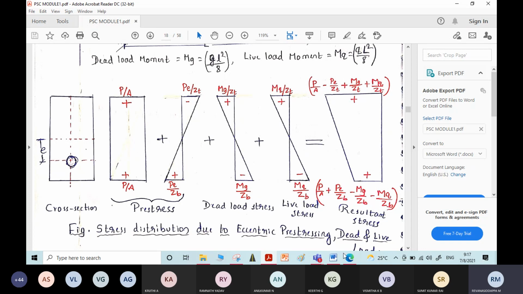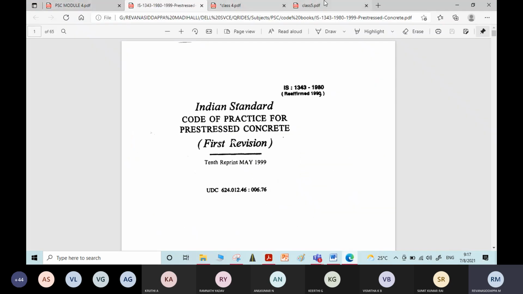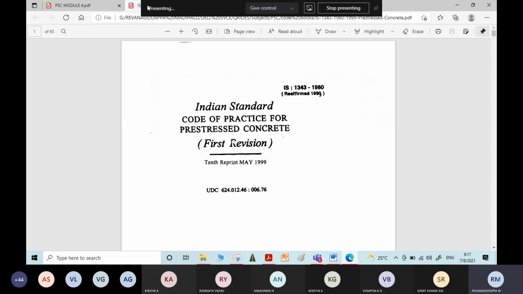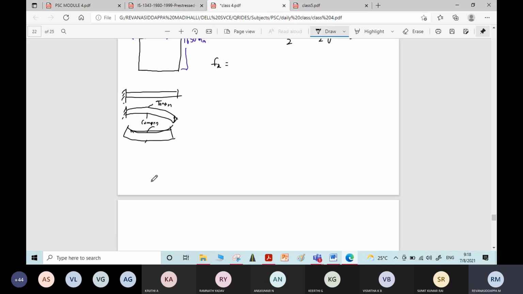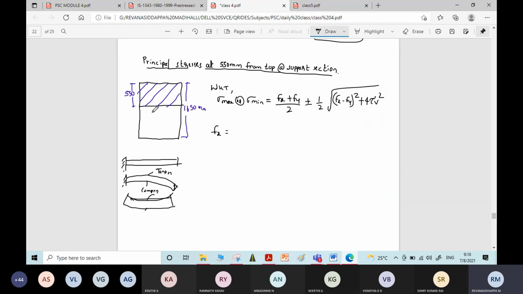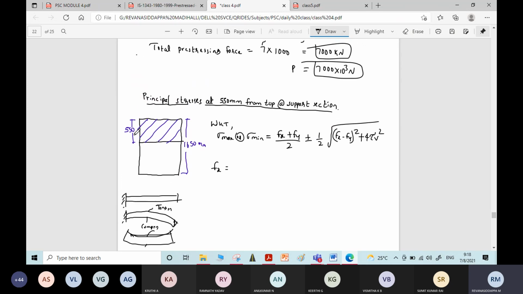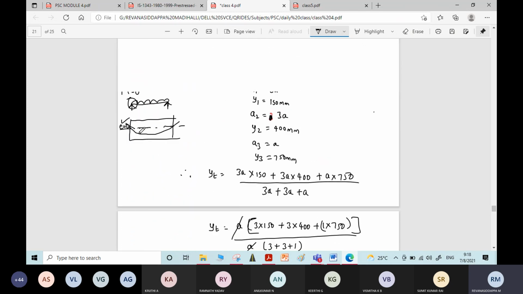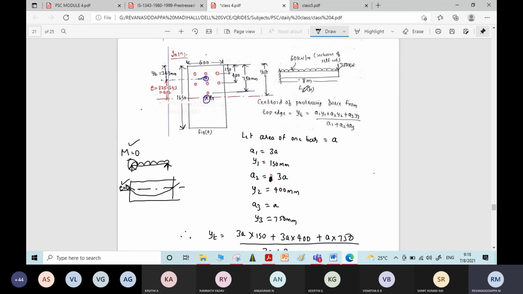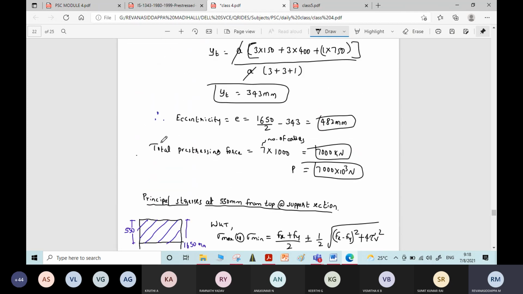Now, to formulate the equation for Fx here, we need to take both the moment at the support as well as the eccentricity at the support. For this particular problem, moment is there and eccentricity is also there.